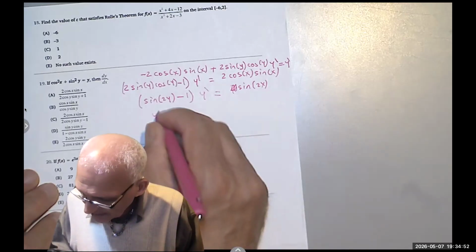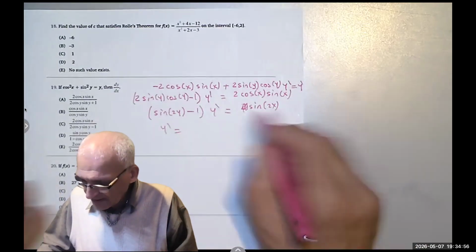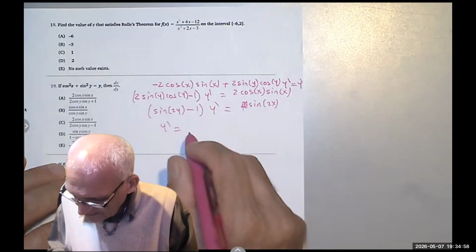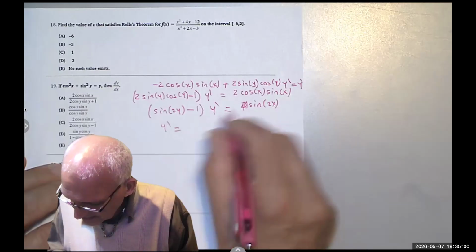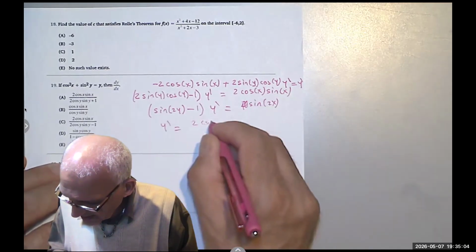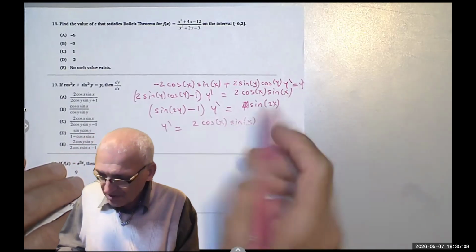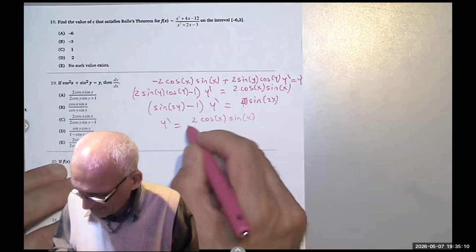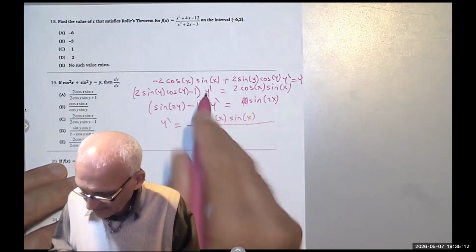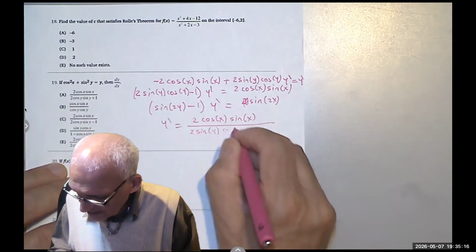I get y prime equals 2 cosine x sine x. I thought they would combine them into sine 2x because it looks like you have to do it this way. And then you divide by 2 sine y cosine y minus 1.